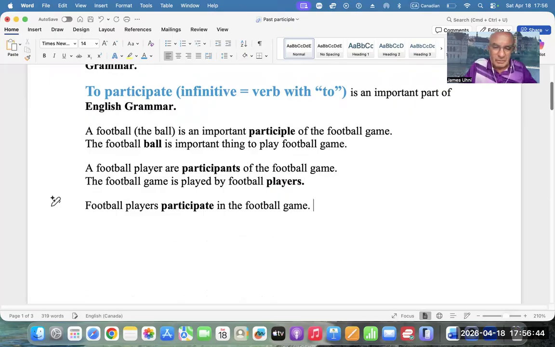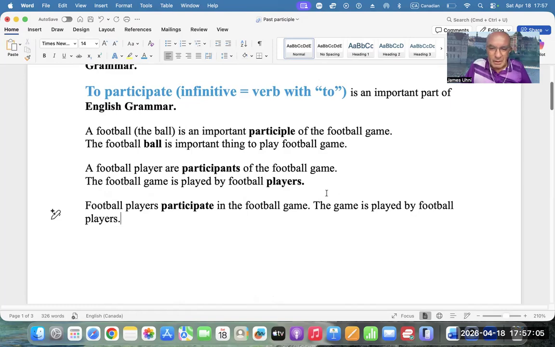So the simple English would be: the game is played by football players.